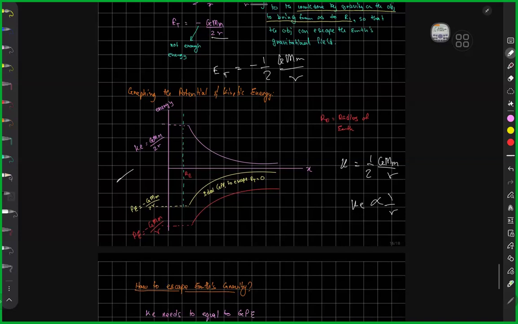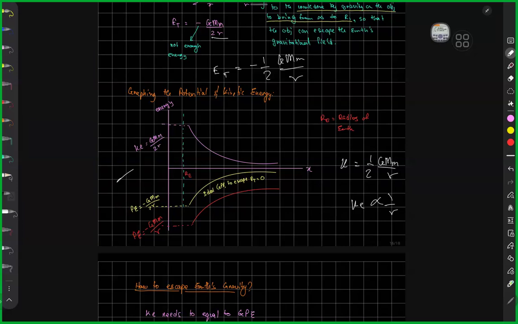And again, sorry, this is the potential energy. The potential energy, my friend, is what? Minus GMm by r. So it is the exact thing on the negative side. But it is also twice the kinetic energy.